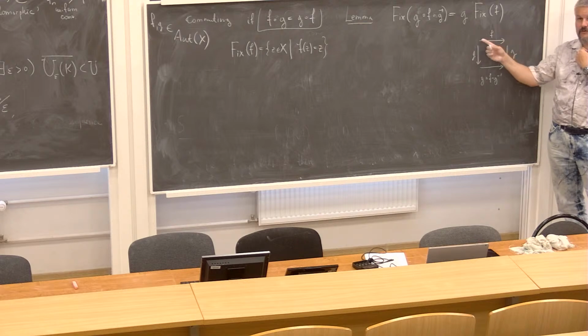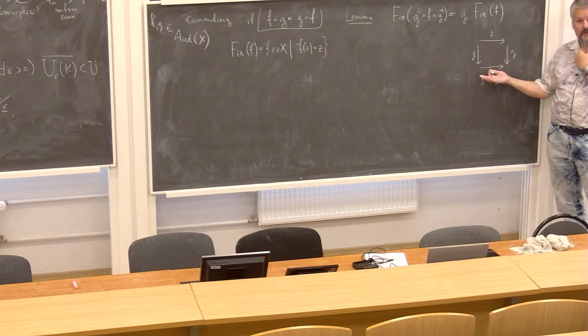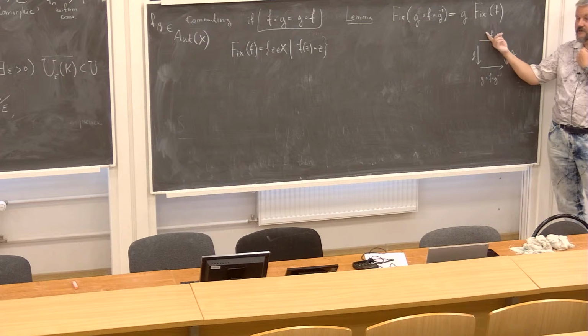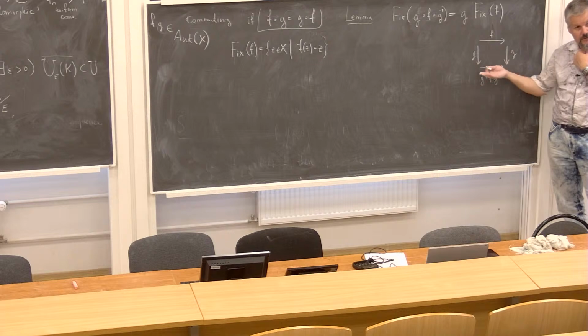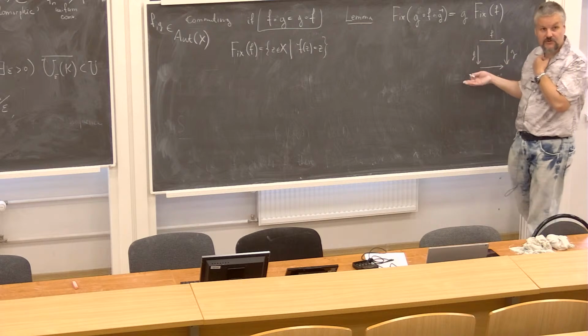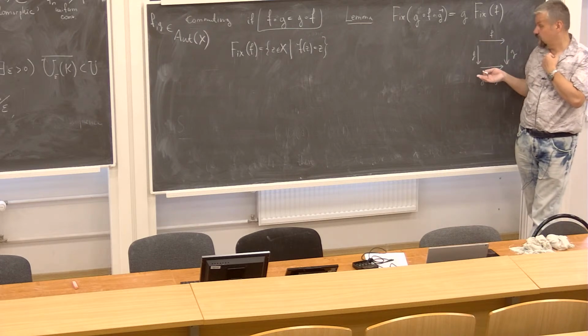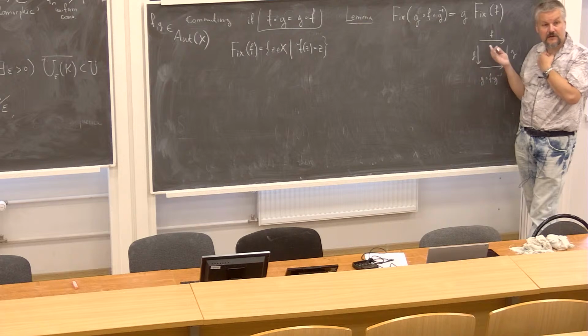So whatever number of times you iterate f, if you have an orbit of a point under the map f, then downstairs the image under g will be the orbit of the corresponding point under the conjugate map. So in particular, if you have any periodic cycle, then the image under g will also be a periodic cycle. The same applies to the fixed point set. If you have a fixed point, then the image under g is also a fixed point of the map downstairs, and the other way around.